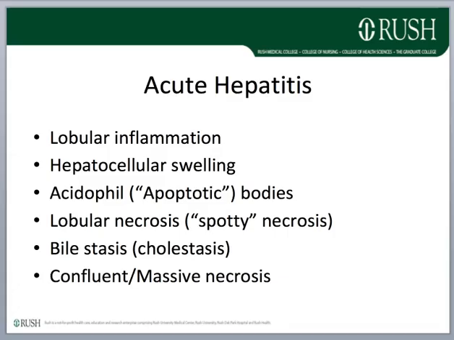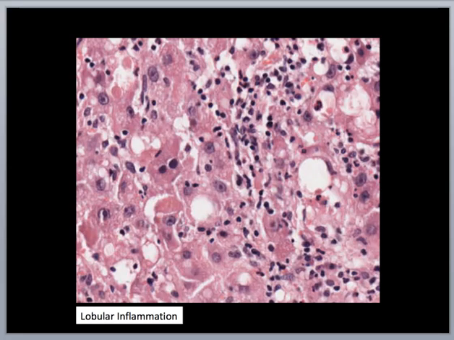All right, this slide summarizes the main or key histological findings with acute hepatitis. And I'm not going to read them off to you, but we'll go through them one by one. In acute hepatitis, the main histological finding, and one that is nice in distinguishing it from chronic hepatitis, is the presence of lobular inflammation.